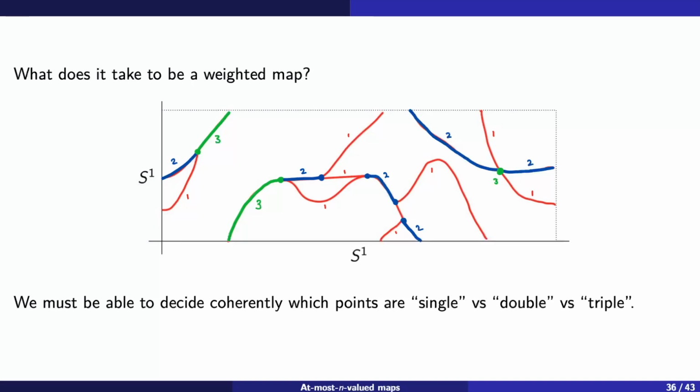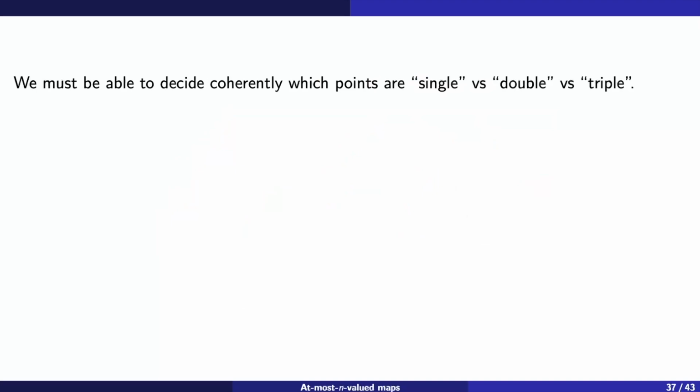Like, for instance, if you think of these as being double points, it makes sense to split it apart into 2 single points, all right? And if I ask you, is it even possible to draw the weights there? Really, the question is, is it actually possible to decide, this is a triple line, this is a double line, that's a single line. Those are both single lines, but this is a double line. This is a little complicated, but is it even possible to make a coherent decision in that way, all right? Is it possible to coherently decide which are single versus double, which are triple?